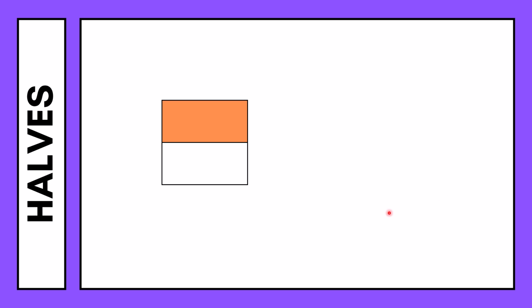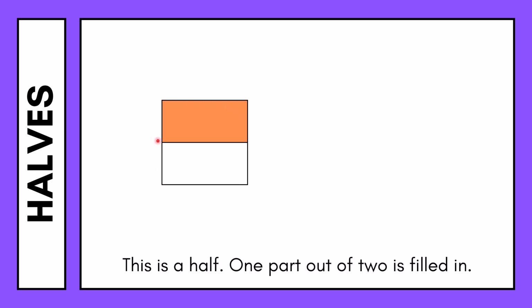Now see this. This is a rectangle and it is divided into 2 equal parts. So now tell me, how can we represent this colored part? Actually, if you see, this whole is divided into 2 equal parts and each part is called a half.